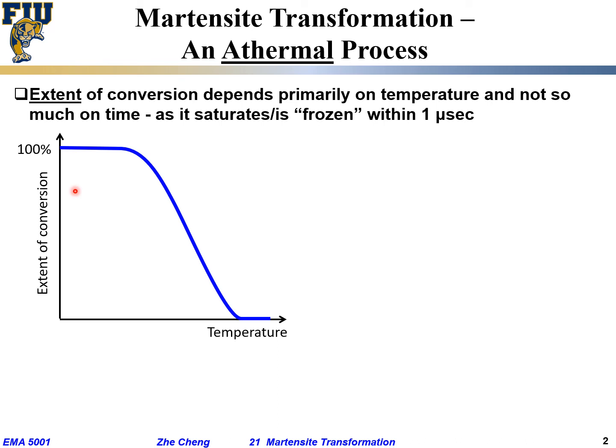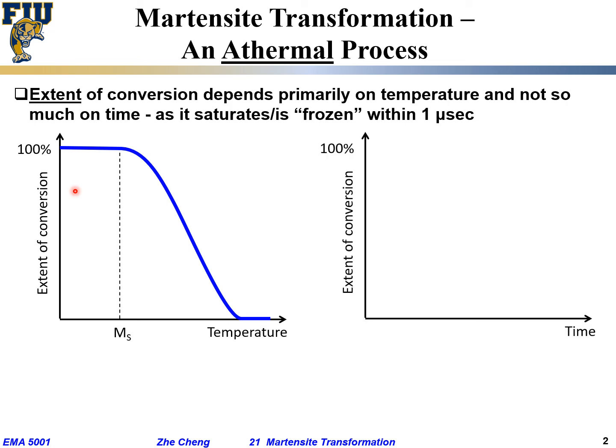The beginning of that saturation, that temperature, people call MS for Martensite transformation starting temperature. You can't call it starting temperature, which kind of means it's already finished. When you quench to MS or below, you can rest assured the Martensite transformation is completely done.